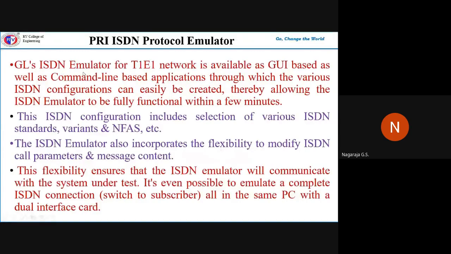This ISDN emulator for T1 networks is available as GUI based as well as command line based applications, through which various ISDN configurations can easily be created, allowing the ISDN emulator to be fully functional within a few minutes. Let us say we have certain options available in it, but will it be possible to modify these options?